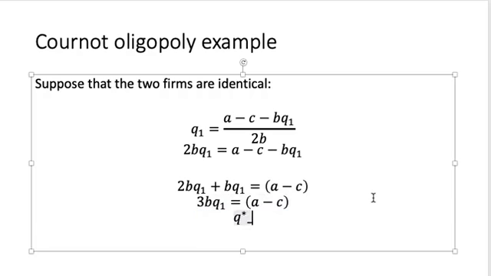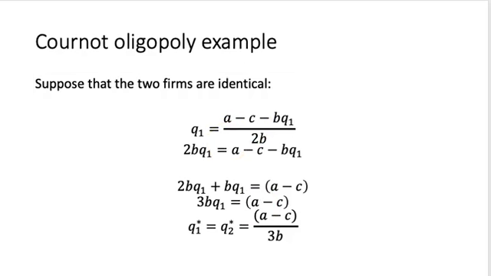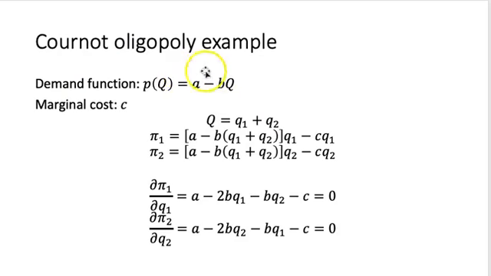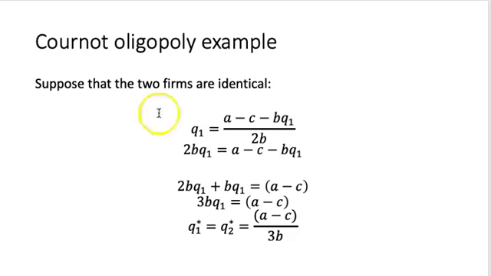So Q1 star is equal to Q2 star, and that's going to be A minus C over 3B. Some textbooks would assume that the marginal cost is 0 for simplicity, but it doesn't make solving this kind of problem any more difficult. It's just a matter of practicing your calculus and using the given demand functions and marginal cost functions.